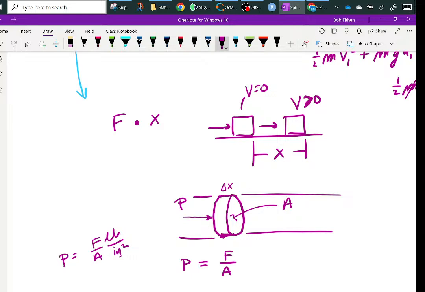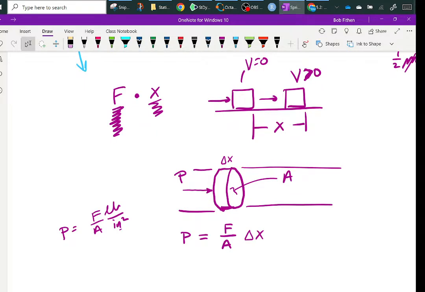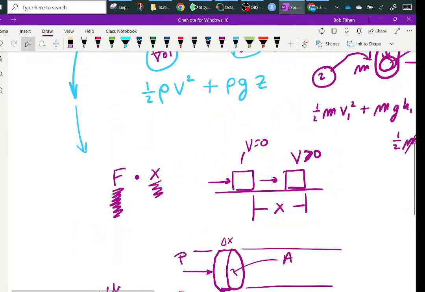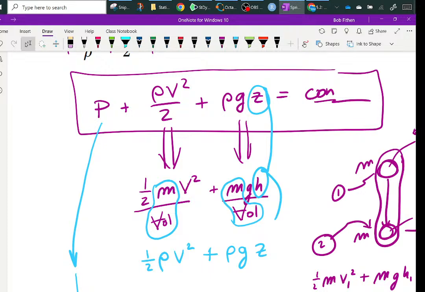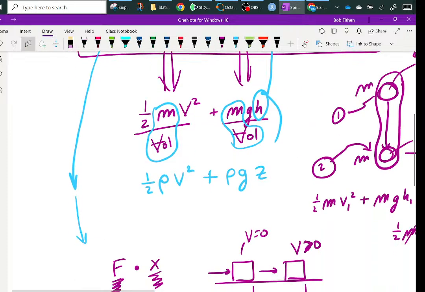Well, now we're saying we're taking this force and we're shoving it some distance delta x, say it moves to the right some delta x. Well, the question is, how do I get volume out of here? So what is pressure equals something here, F dotted with X over volume.